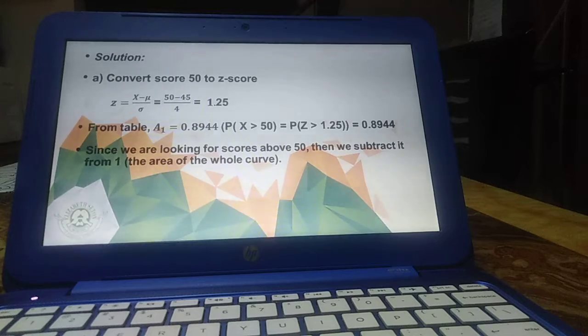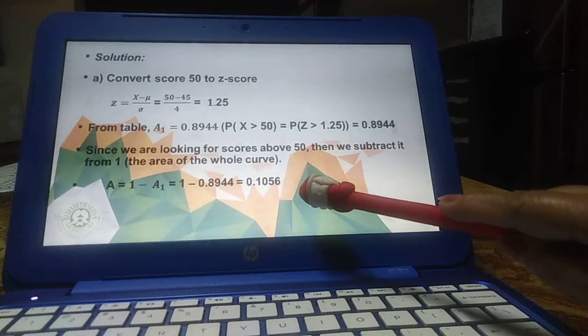But we're looking for the scores above. Then we have to subtract it from the value of the whole curve. The area of the whole curve is equal to 1. Because we're looking for the scores above 50, we subtract it from 1, giving us 0.1056.